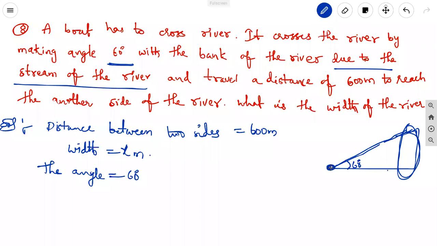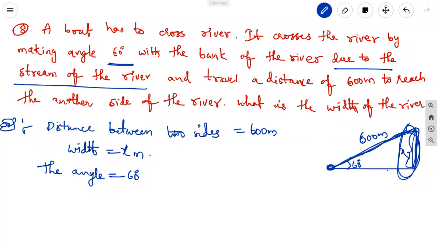So here it is moving from one side to another side. The distance is 600 meters. We can start the boat with the horizontal line, then measure the distance from the horizontal line, making an angle of 60 degrees, to the other end of the river. That is the width of the river.